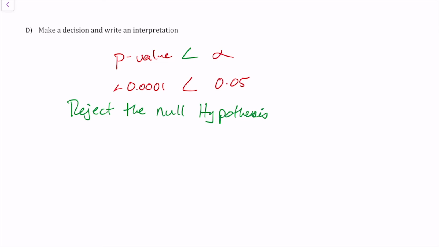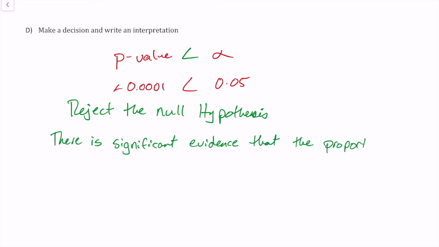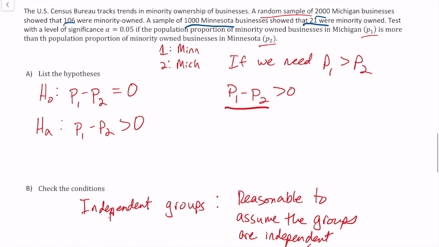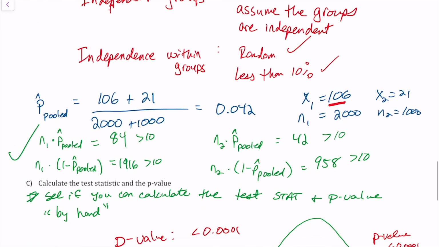And what does this mean? This means that there is significant evidence. In fact, we have really strong evidence because that p-value is so small. There is significant evidence that the proportion of minority-owned businesses in, let me get these states correct, sample 1 was Michigan.